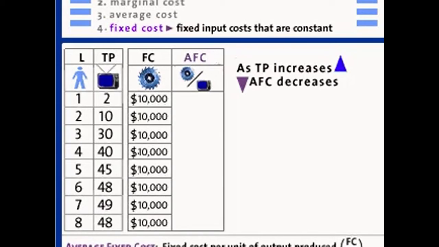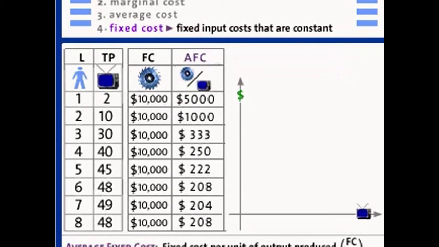Let's draw a picture of average fixed cost, and I'll move all these numbers over there so that you can use them for reference. If you want to draw a picture of average fixed cost, what you'll find is that average fixed cost is what we call in geometry a rectangular hyperbola. Now, that's a mouthful, and it refers to a curve that approaches both axes asymptotically. If you're producing very, very few television sets, then your fixed cost per unit are going to be very high.